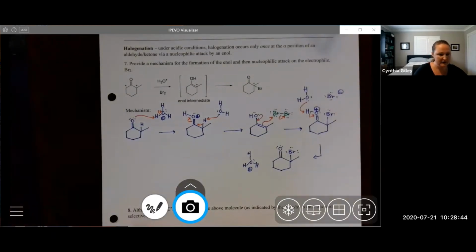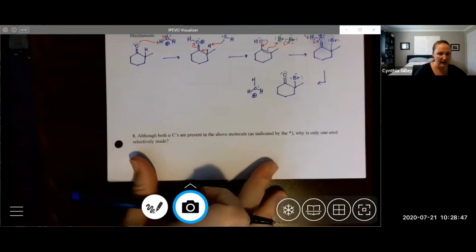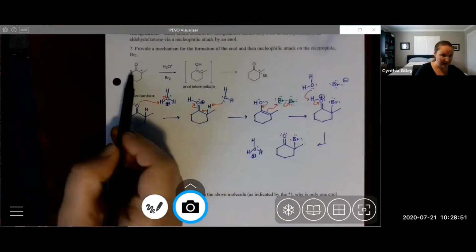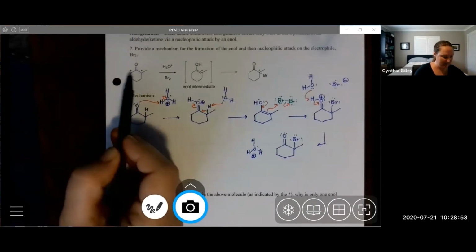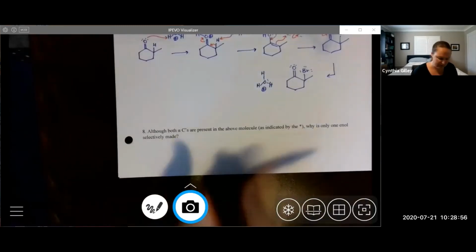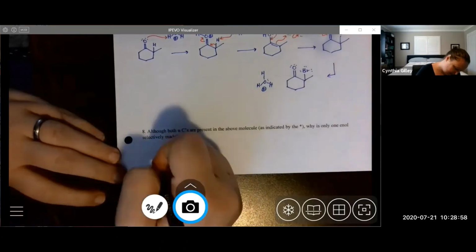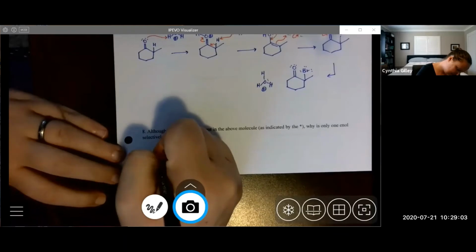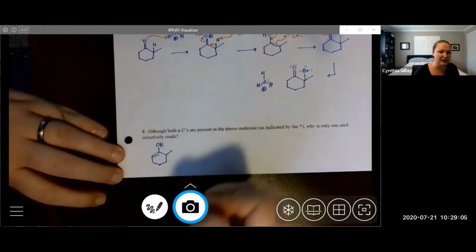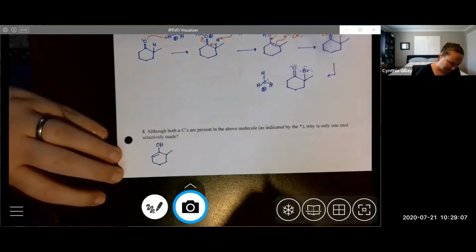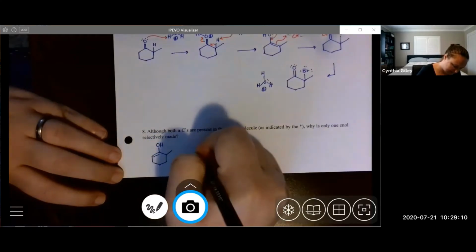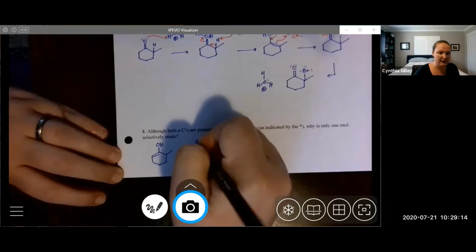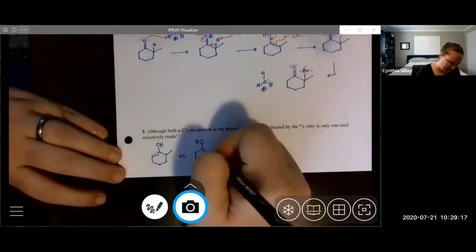So the next question asks us about why, even though we could form an enolate by deprotonating either side, right? So we have the possibility of forming two different enolates. We might have formed through deprotonation on the left, sorry, enols, keep calling them enolates, but they're enols, versus formation of the enol through deprotonation on the alpha proton on the right, right?